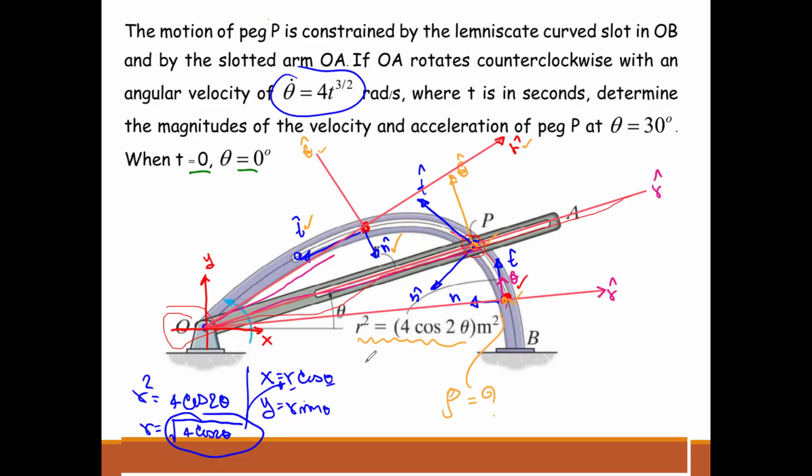So the center of curvature is maybe around here, and then the normal changes. It should be this direction, and it means the tangential direction should change too. You see that the tangential direction and theta are not the same.